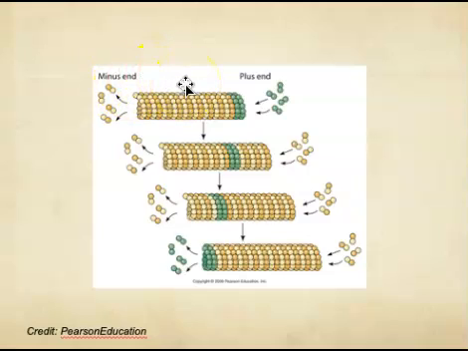Now, at any one moment, a cell can either speed up the addition or speed up the removal, and the treadmill will change. Instead of staying the same length, it will either get longer if this goes faster, or it will get shorter if this goes faster. But under normal circumstances, the treadmilling keeps microtubules the same length.